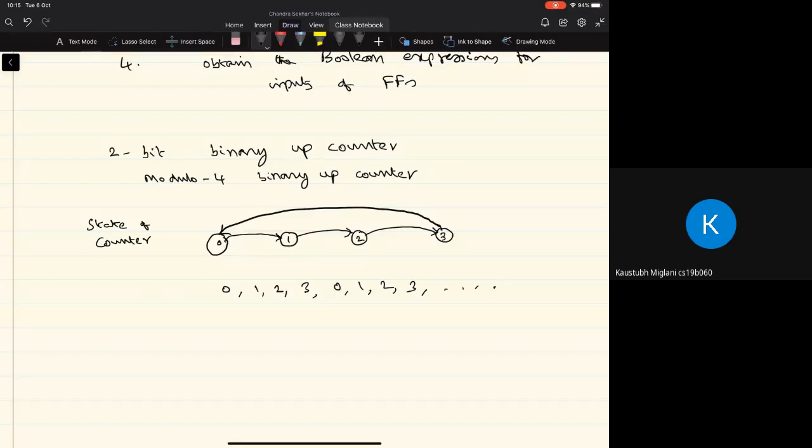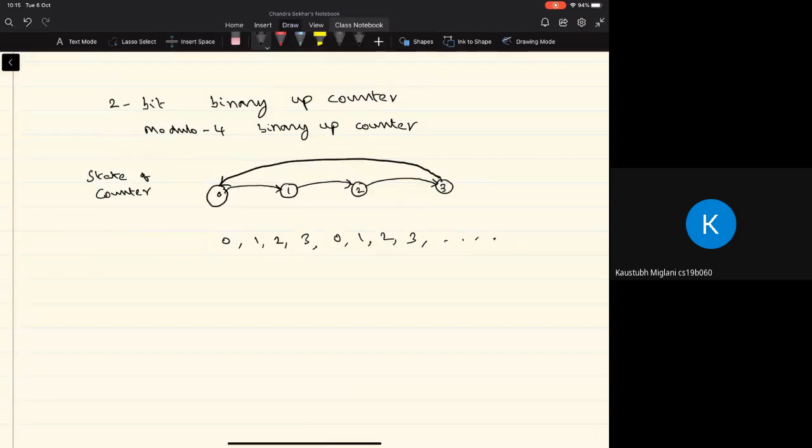So this is what is called the state transition diagram, because we are indicating the state of the circuit, and we are indicating when the change in the state will occur and to what state the counter will move, whenever the control signal comes, right?